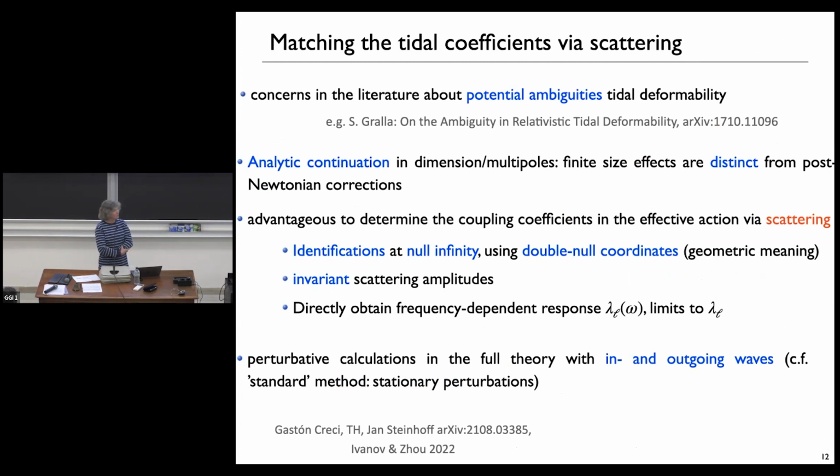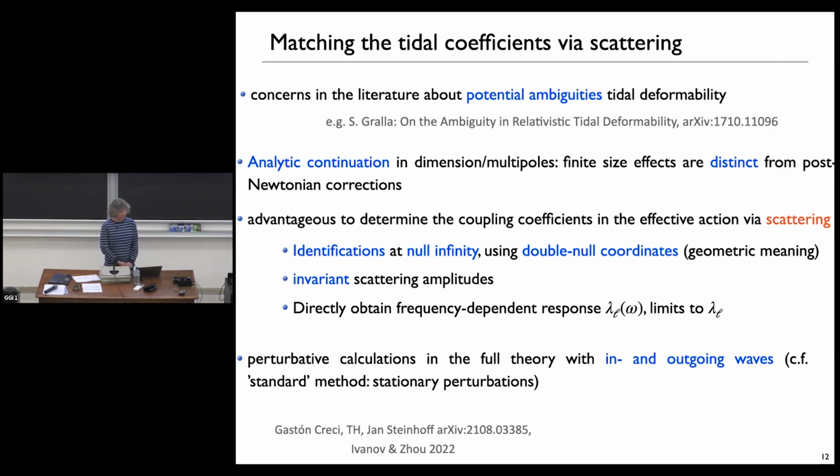So there have been a lot of concerns in the literature about how we connect, especially this tidal deformability lambda parameter or tidal love number, to the fundamental properties of the black hole. And is the property of the black hole that we compute and call the tidal love number indeed the parameter that we ultimately measure in gravitational waves? This is not a priori so clear.